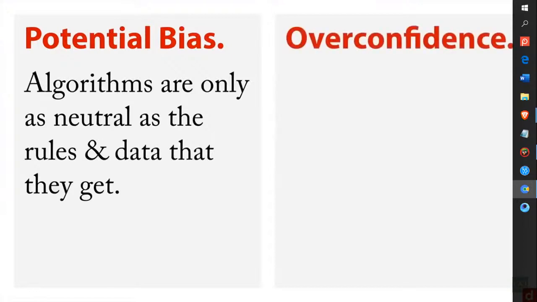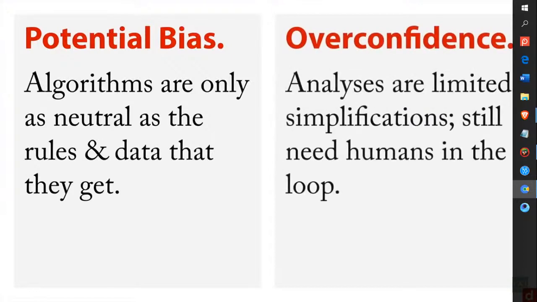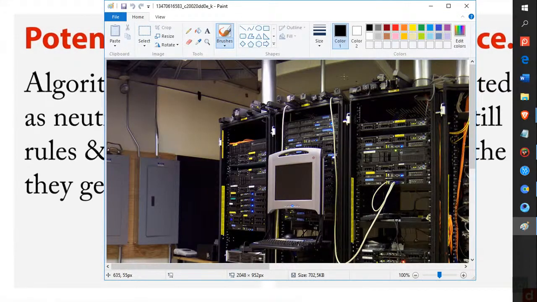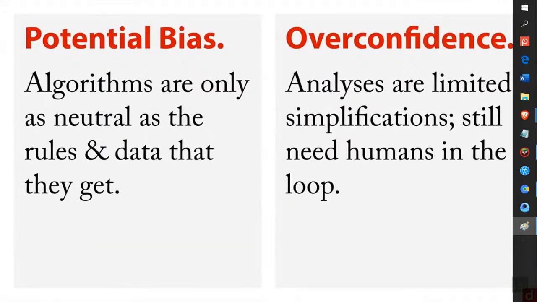Another issue is overconfidence. The idea here is that analyses are limited simplifications. They have to be. That's just what they are. Because of this, you still need humans in the loop to help interpret and apply this. The problem is when people run an algorithm, get out a number, say to 10 decimal places, and say, this must be true, and treat it as written in stone, absolutely unshakable truth.